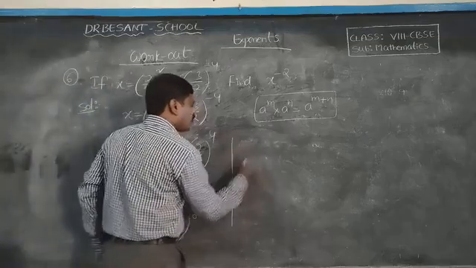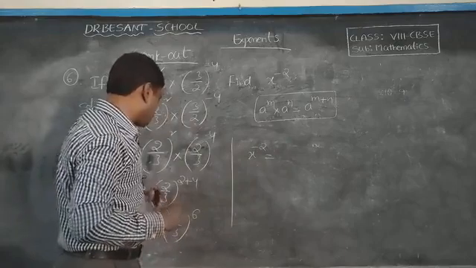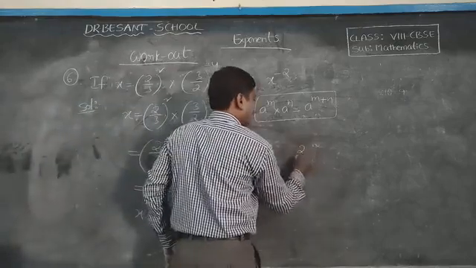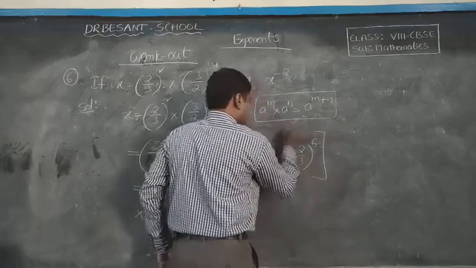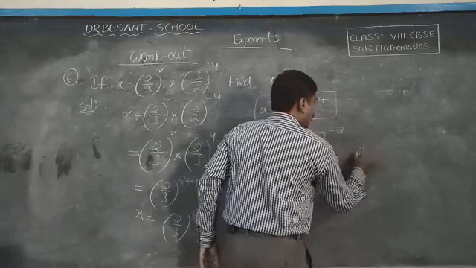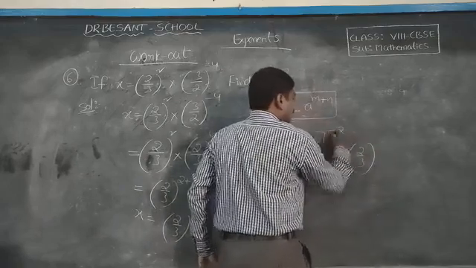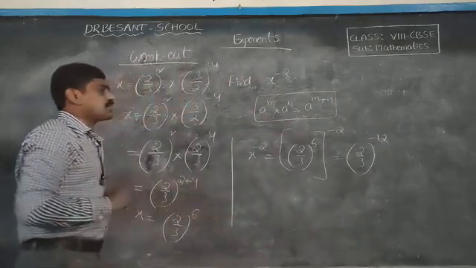Now next we have to find x power minus 2. X power minus 2 means (2/3) whole power 6, actually this is the value of x, next whole power minus 2. So that is equal to (2/3) whole power 6 into minus 2. 6 into minus 2 is equal to minus 12.